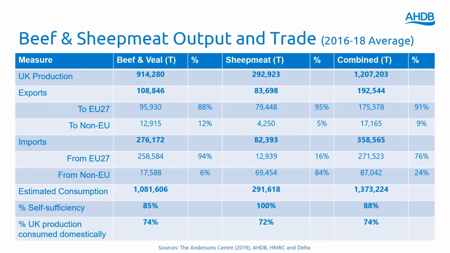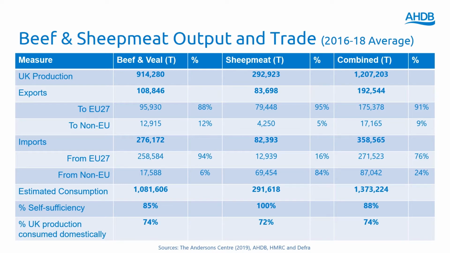But in terms of trade with the EU, and particularly concerning beef, it's imports where the trade is particularly significant. 94% of those imports come in from the EU27 markets, and within that, Ireland is particularly important, accounting for about 2/3 of the imports coming in volume terms each year.